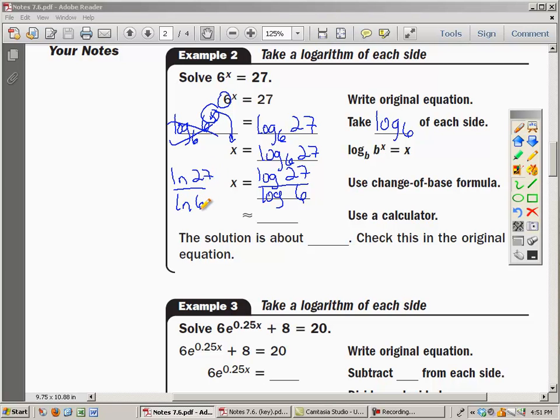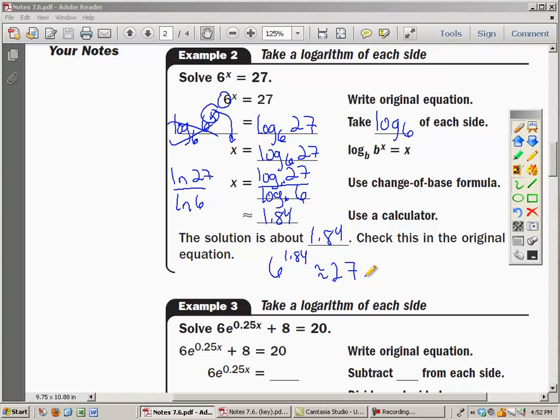Totally fine if you wanted to use a different base. In our case, since we use the common log, we're using a log base 10, but you can use the natural log if you want to. In any case, you're going to get the same thing. We end up getting something about 1.84. All right, the solution is about 1.84, and if you did 6 to the 1.84 power, we're going to get something pretty close to 27, so that's good enough.